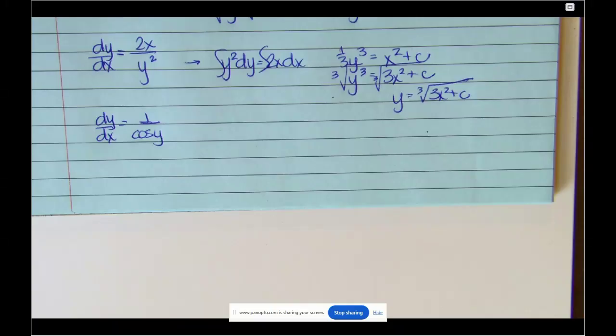Because you're undoing it. Wait, how do you do that? Because you gotta separate. No, that's not right. Otherwise, what's the derivative of negative sine? You're right.